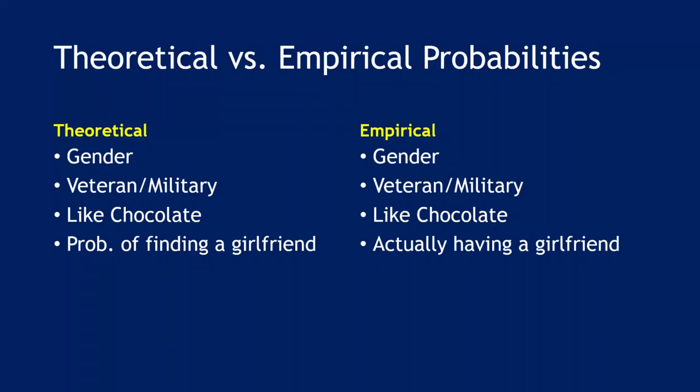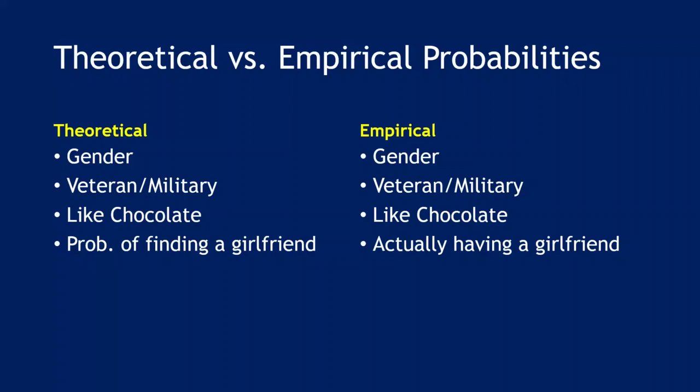When you actually collect data on the gender distribution of your sample, you will find the actual probability of getting a girl versus a boy, and that will be your empirical probability. That number may be very different from the theoretical probability.